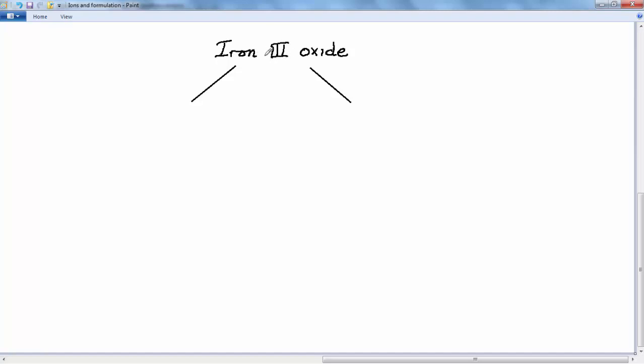So because this is iron 3, that tells us it's forming a 3+ ion. Let's just write down what are the elements involved first of all, as we've done in all of the other examples. So we've got iron and oxygen.